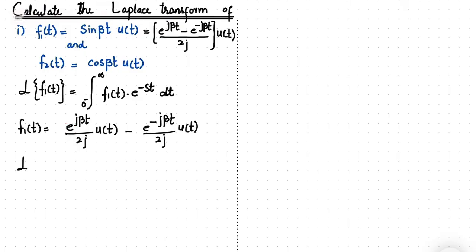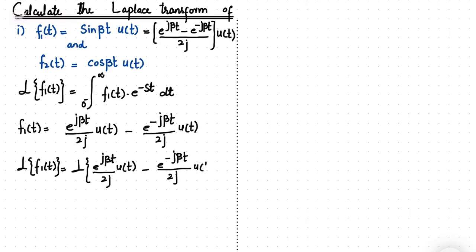So the Laplace transform of f1 of t would be equal to the Laplace transform of the right hand side, which is e raised to power j beta t u of t divided by 2j, minus e raised to power minus j beta t over 2j into u of t.